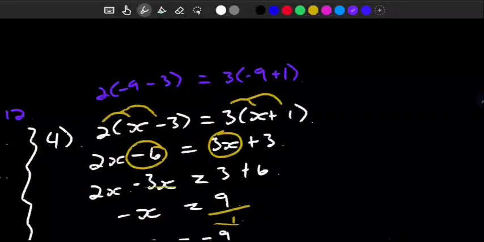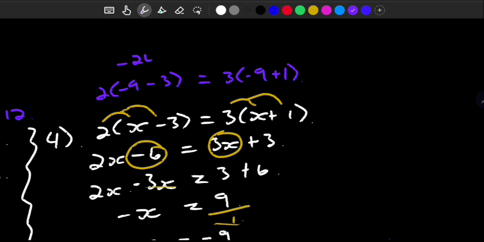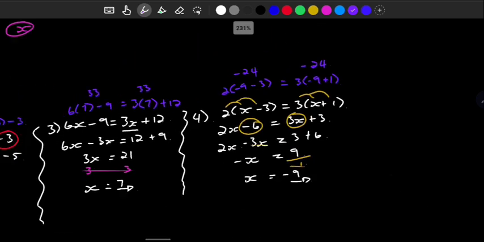So negative 9 minus 3 is negative 12, sorry. Negative 12 multiplied by 2 is negative 24, right? And on the other side, negative 9 plus 1 is going to give us negative 8. Negative 8 times 3, 8, 16, 24. Negative 24. And there you go, right?